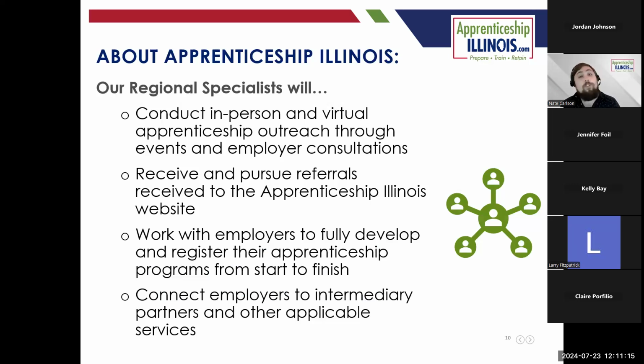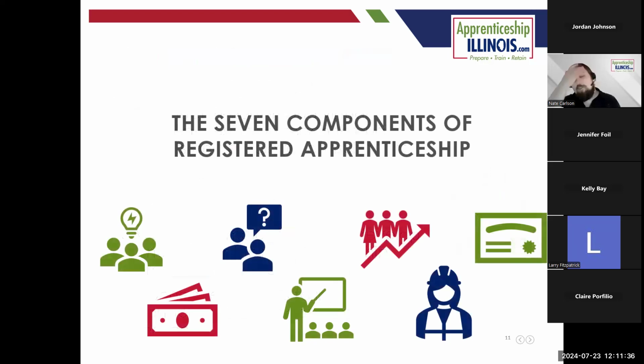And lastly, and importantly, for many of you here, apprenticeship specialists connect employers to intermediary partners and other applicable services. So if you are a workforce development partner who is serving customers, or serving businesses, our apprenticeship specialists are here to be a resource for you as well, to connect you to those who need your services.